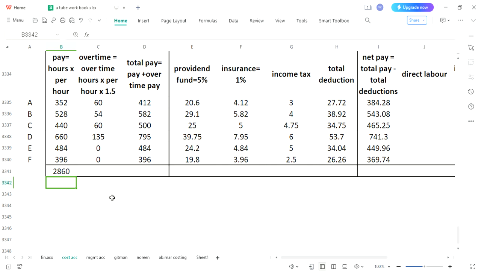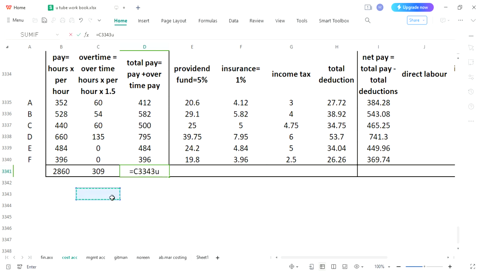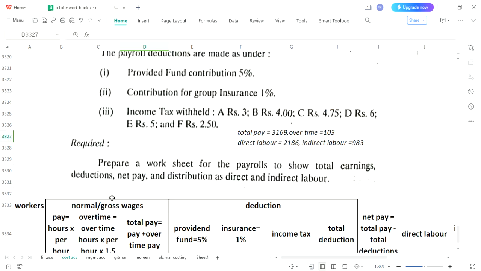This way we have got our normal payment, and for overtime payment, take the sum and add everything present over here. So you have got your overtime as well, and we have our total pay. Take the sum of total payment. So you have got your total pay, 3169, and you can see the answer, total pay 3169.